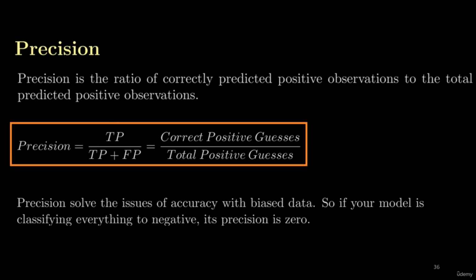So after calculating the accuracy, it is important to calculate the precision, especially if the data is biased, where the labels are not equal in number. In that case, accuracy will not be a true representative, so we have to calculate the precision as well in order to avoid the misleading value that can come from accuracy.